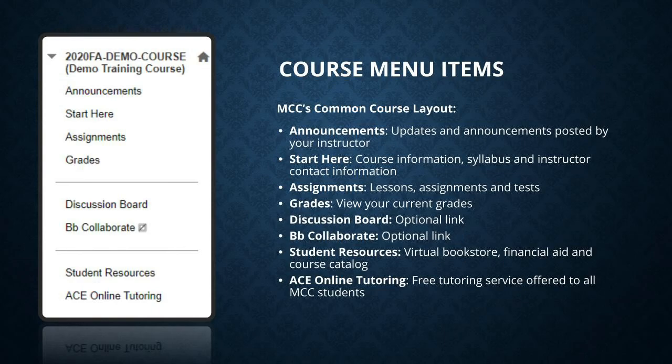You'll have the Start Here section, which normally contains the syllabus, any course scheduling information, and then some contact information for your instructors. Now, the Assignments tab is going to have the bulk of your coursework in it. It will have your lessons, your tests, anything that you need. And then, of course, Grades is where you can go to check the current grade you have in that course.